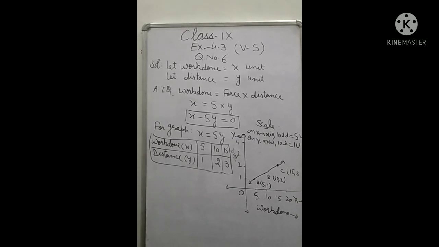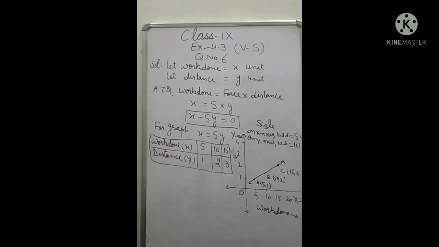Now from this graph we have to give the answer to the further 2 questions. If distance is 2 unit, we can take this point. We have to read from the graph and give the corresponding answer. So if distance is 2 unit, then the corresponding work done will be 10. In the same way, if distance is 0 unit, then the corresponding work done will be 0.